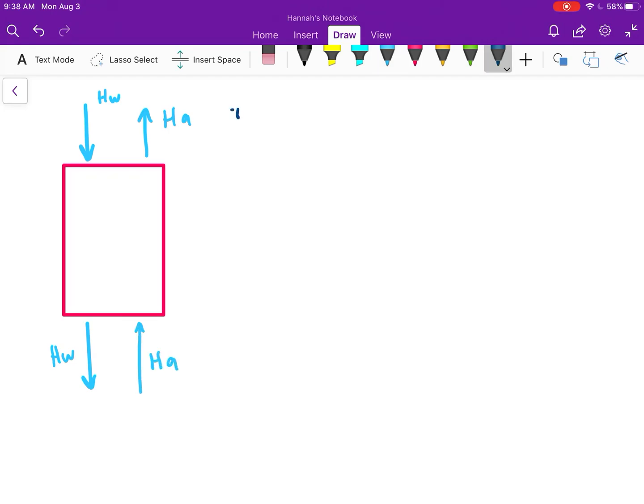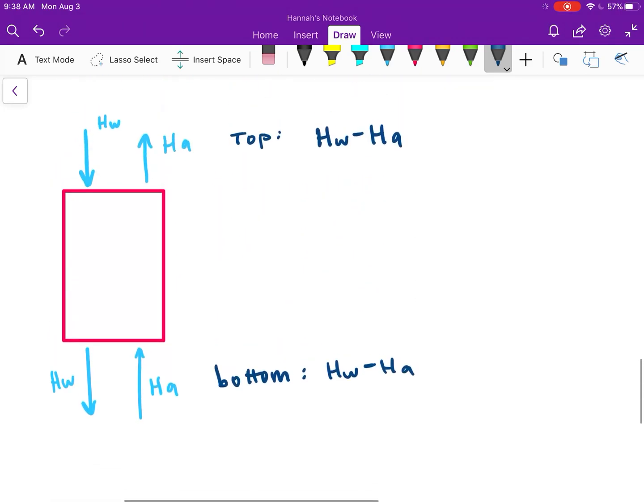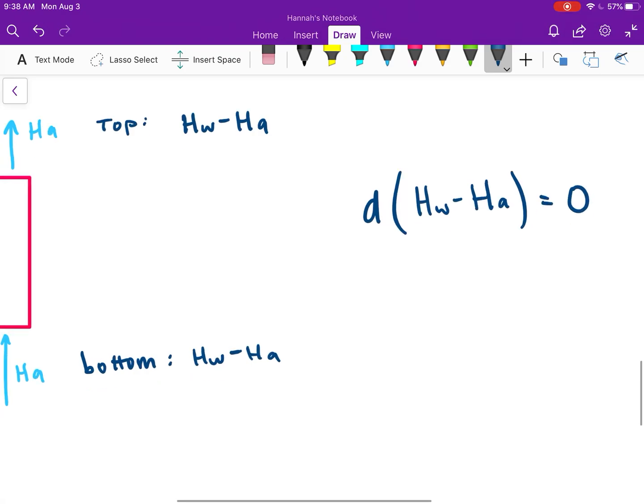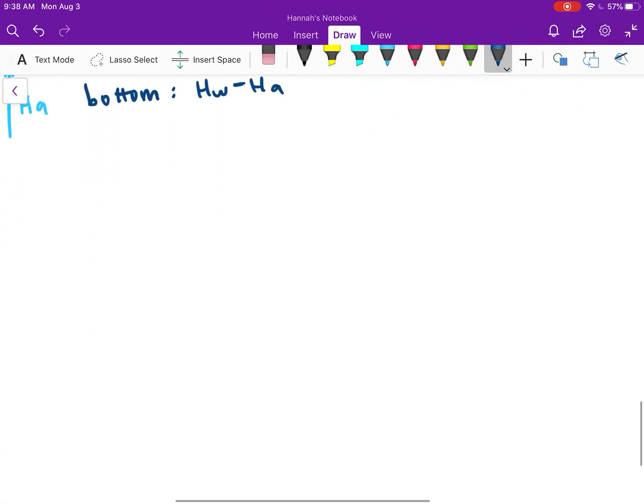So at the top, we have HW minus HA, and at the bottom, we have HW minus HA. So that means that the derivative of the difference, the net enthalpy, is going to be 0 because it is a steady state.